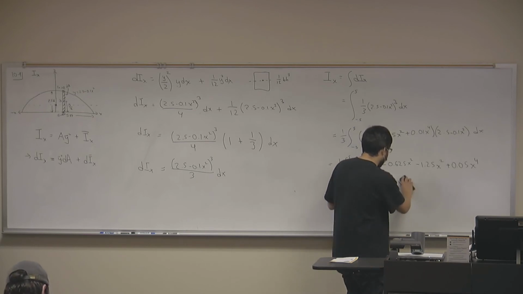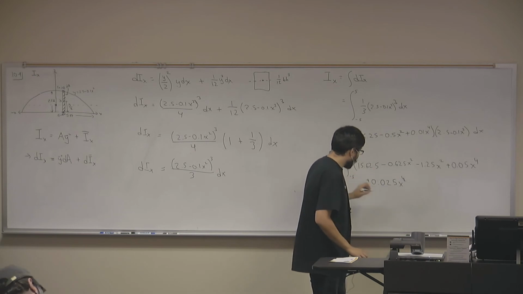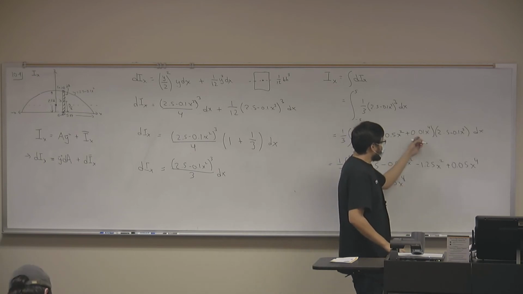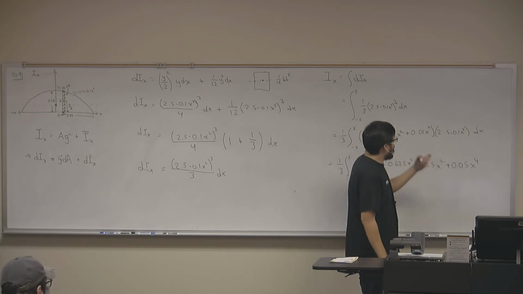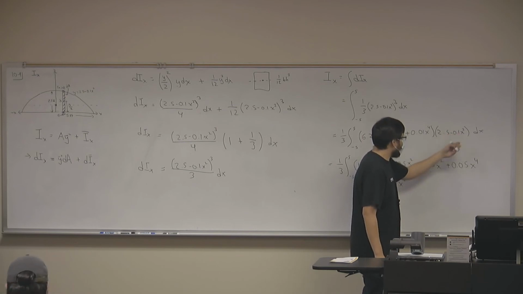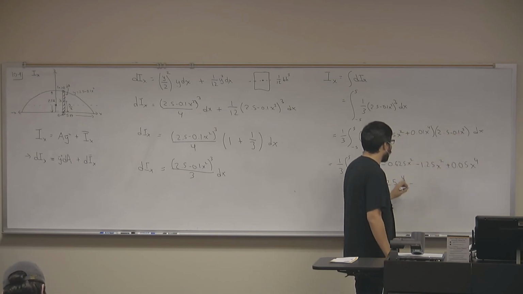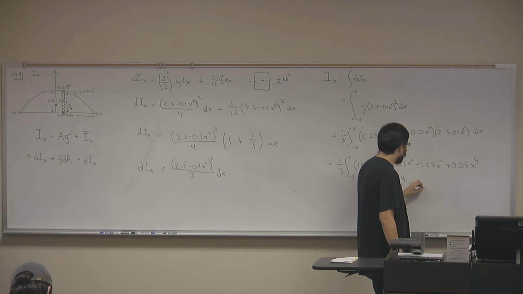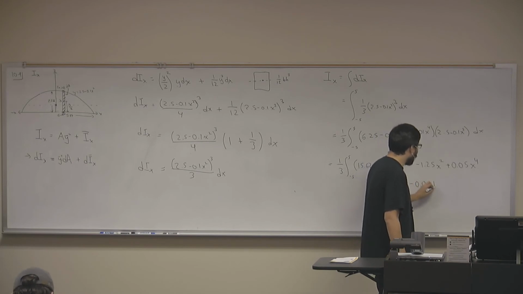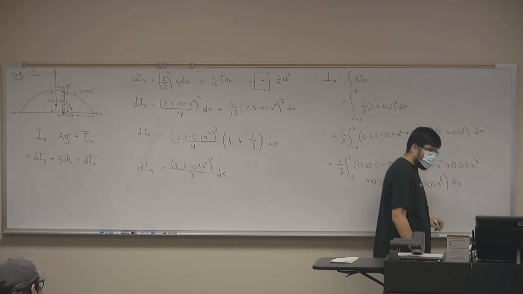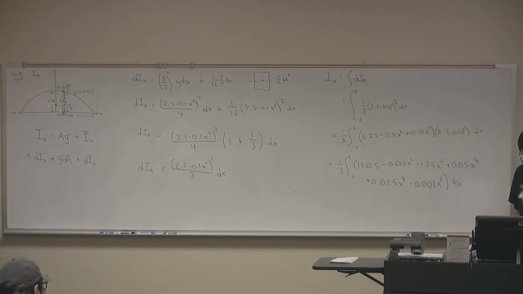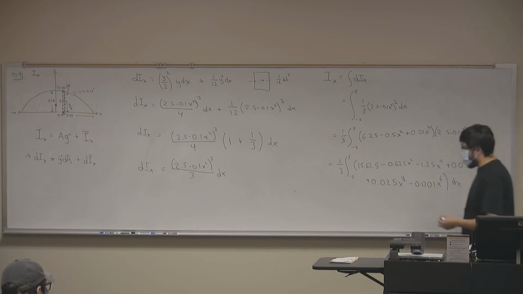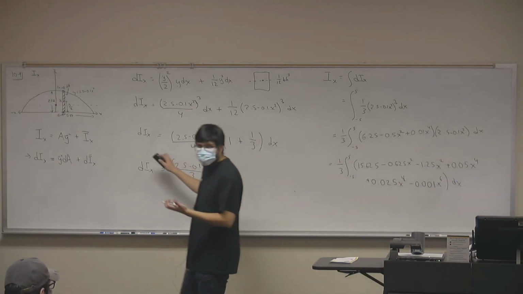This is positive. 0.01 times x to the power of 4 times negative 0.1 times x to the power of 2 is negative 0.001x to the power of 6. And all this multiplied by dx. Good? All right. I think at this point the integral suddenly became very easy, right?